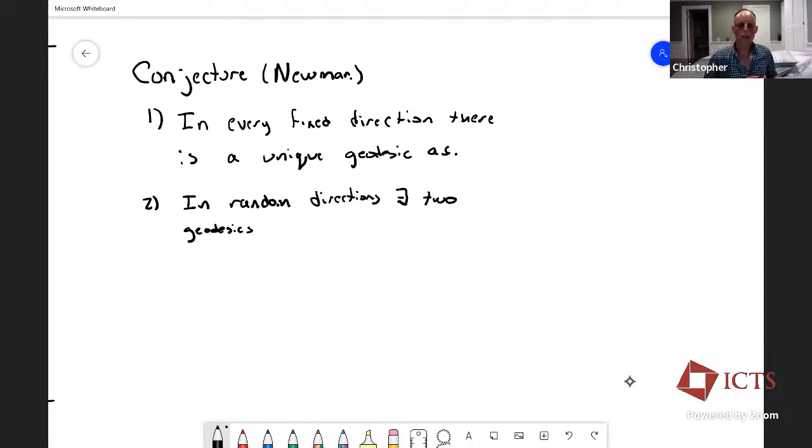Because if I'm going to get a geodesic in every direction, then there have to be these spots where I split.